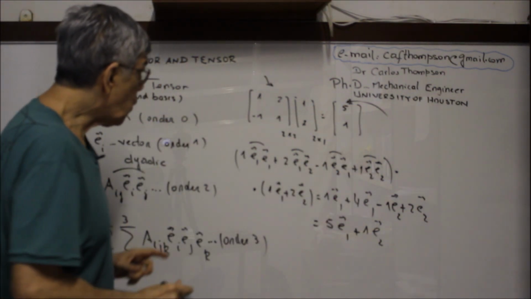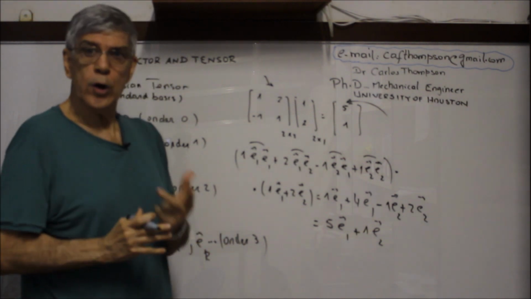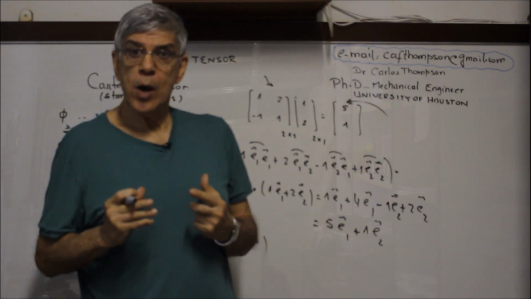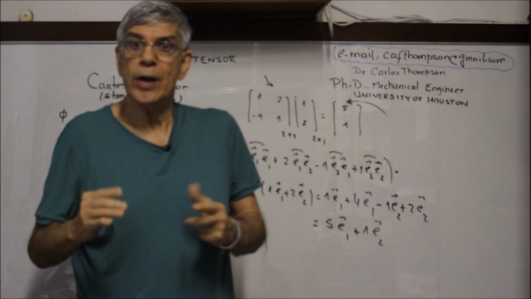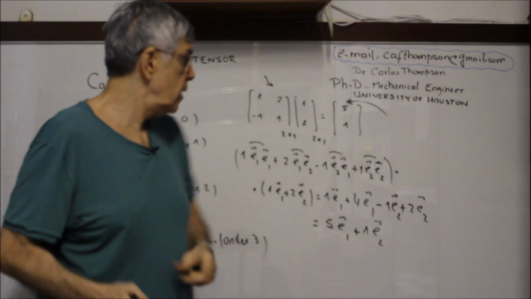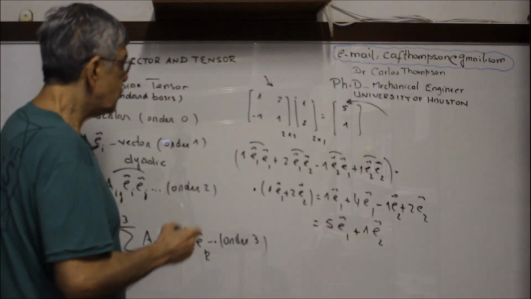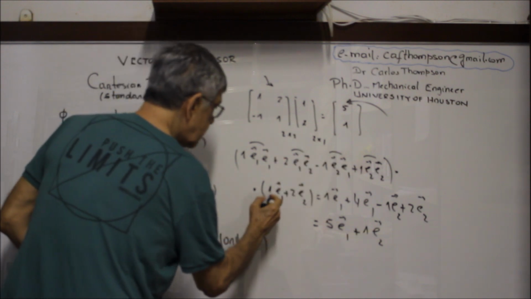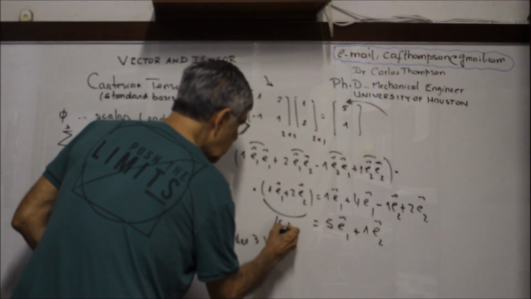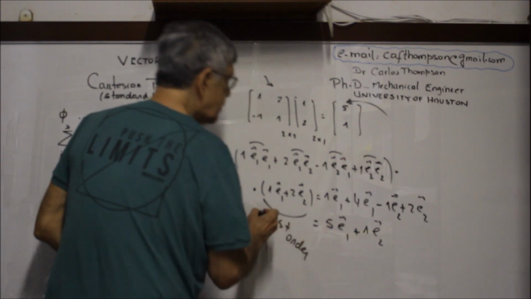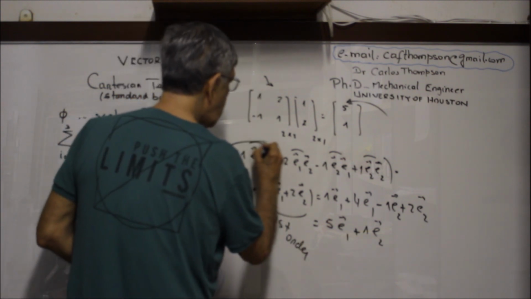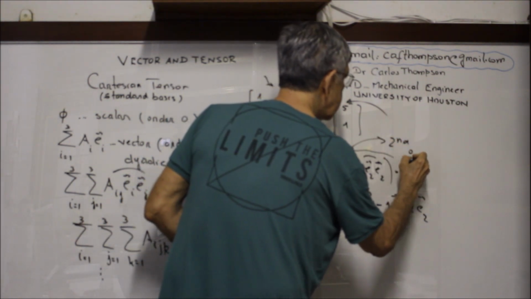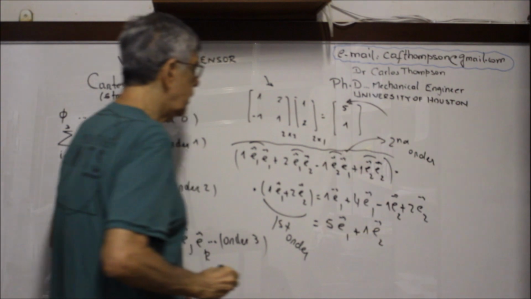So when you work with matrix, actually you are working with the components of a second order tensor. So this here is a second order tensor. This is a first order tensor. This whole thing here is a second order tensor.